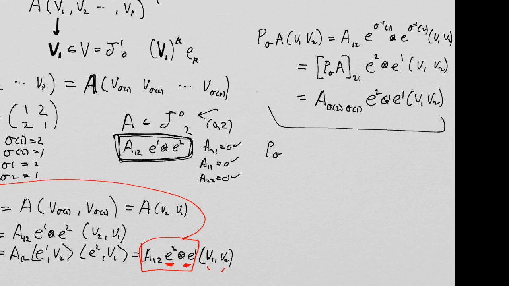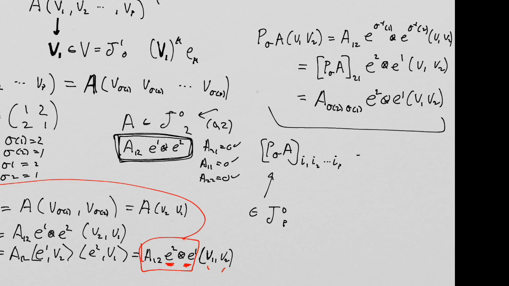So P sigma A has components, and I'll use this other notation for the components, I1, I2, up to IP. Remember, P sigma A is an element of, not the P exterior power, I'm getting ahead of myself, it's an element of the tensor product space, 0P.